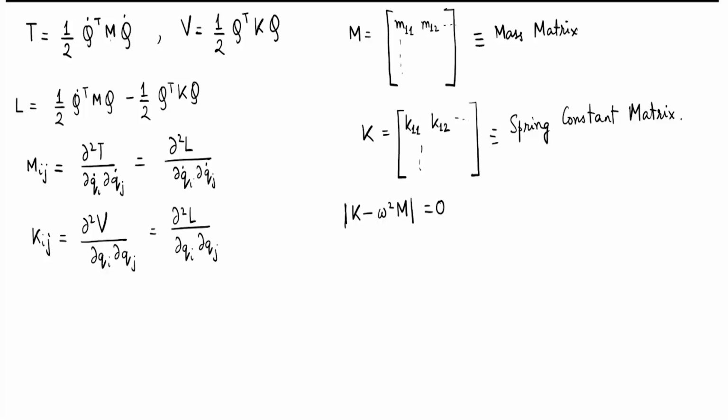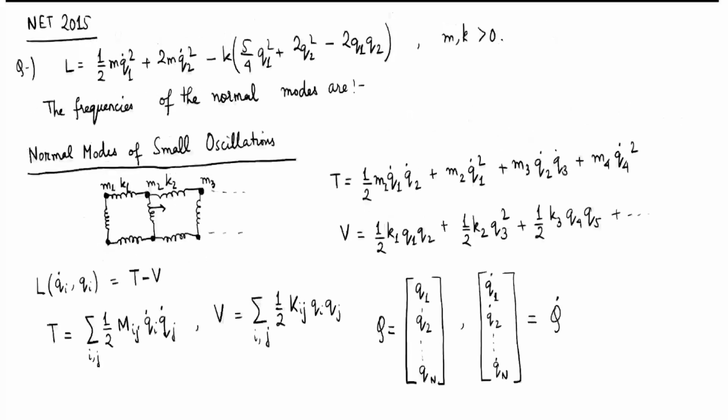But let me take the problem given in the previous slide. This one. The Lagrangian is half m q1 dot square plus 2m q2 dot square, minus k into 5 by 4 q1 square plus 2 q2 square, minus this term 2k q1 q2. This is a mixed term.